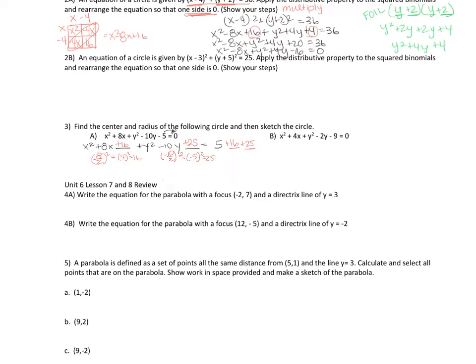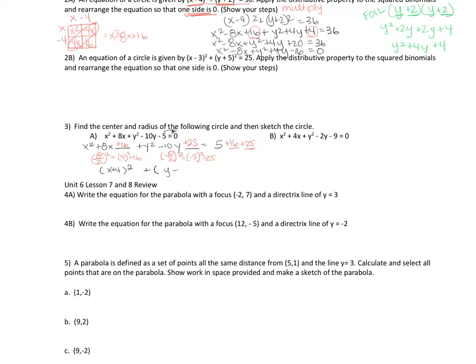And now I'm going to clean everything up. In the next step, I'm going to write my x squared plus 8x plus 16 as a binomial squared, and that would be x plus 4 squared, plus, and now I'm going to write my y squared minus 10y plus 25.